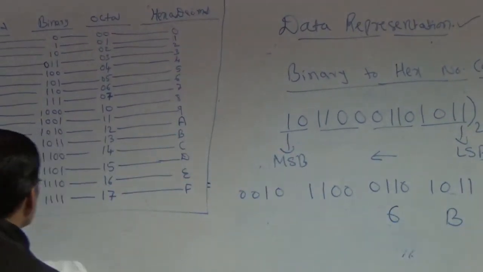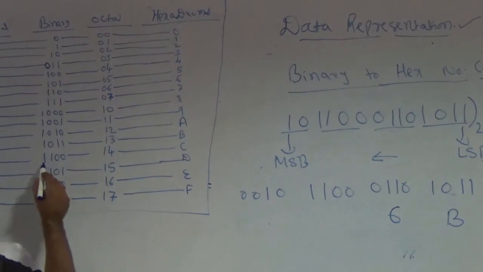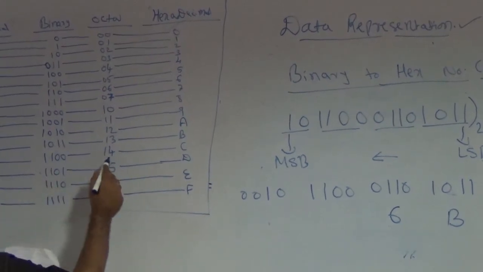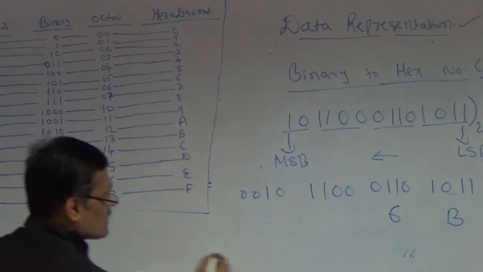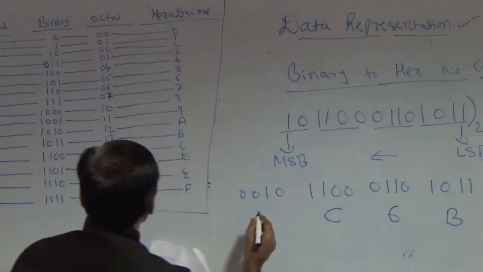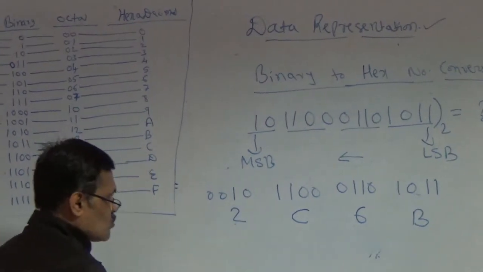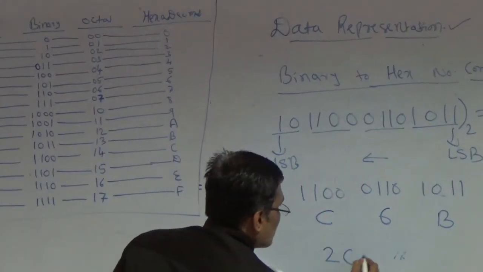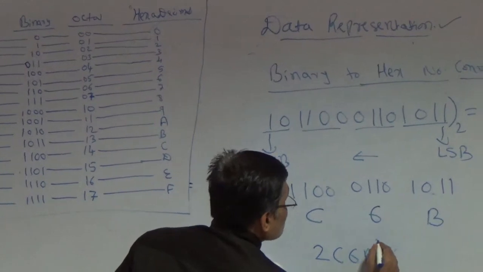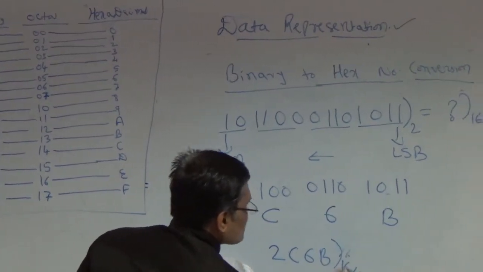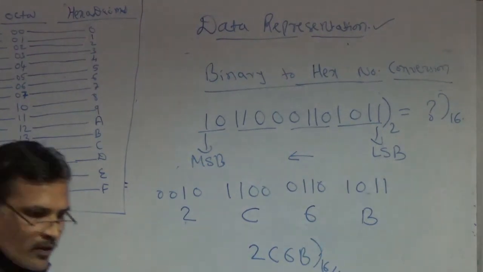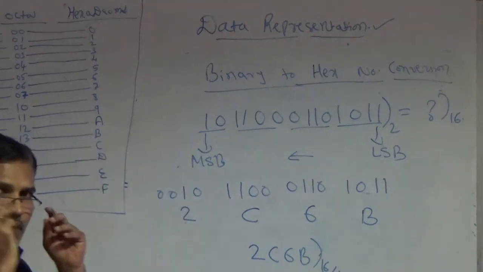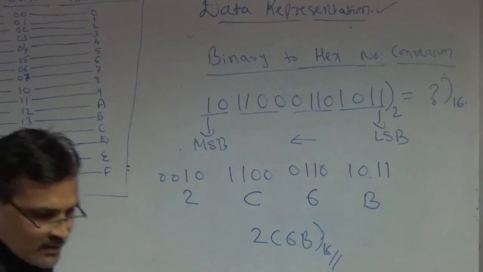Then 1100, which is nothing but 12 in decimal number. Its hex representation is C, and this is 2. So 2C6B is an equivalent hex number. The procedure remains the same in this particular case.